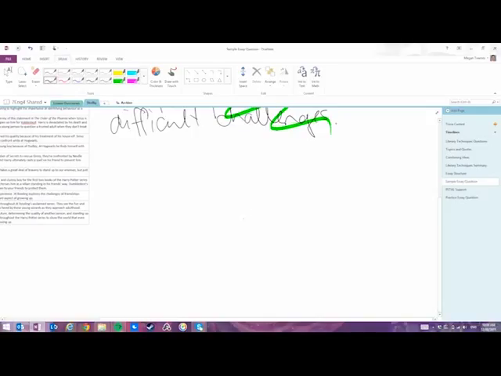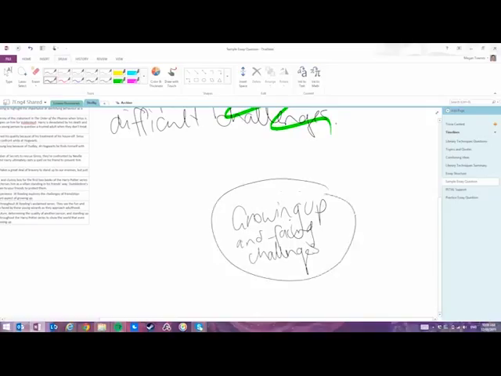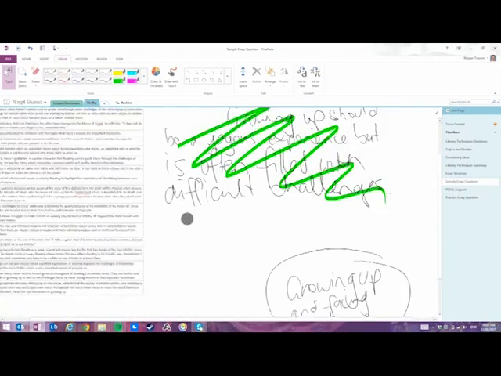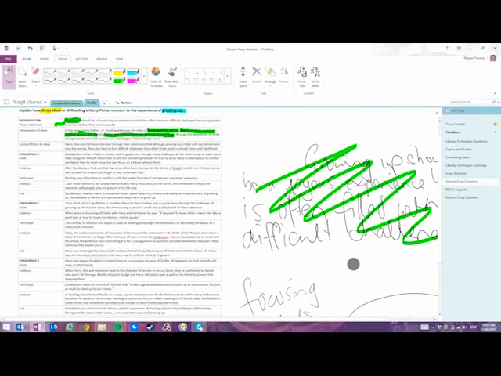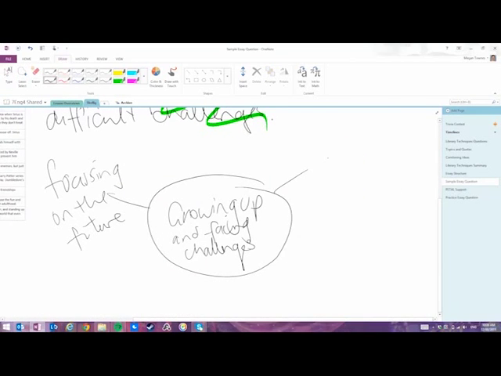I like mind maps. So growing up and facing challenges is my big idea. And outside of that, I have the 3 ideas of focusing on the future and determining the quality of another person.